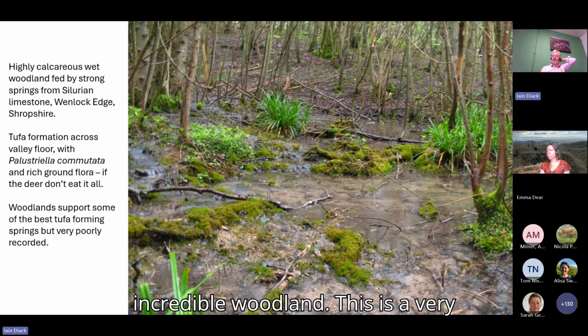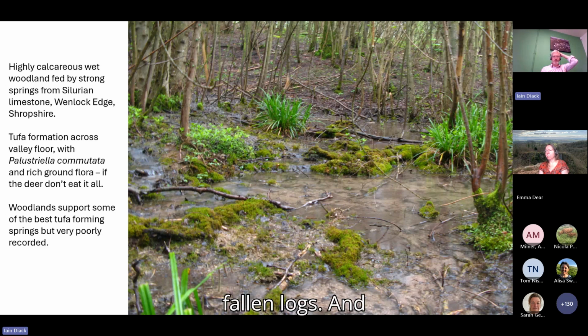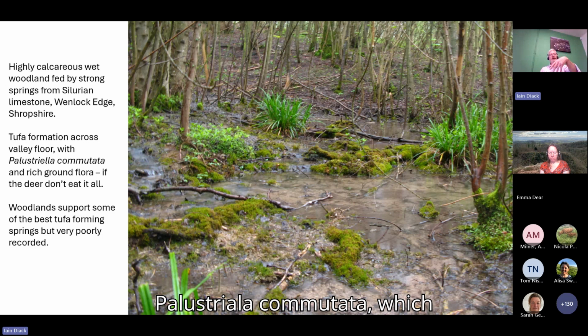It's an incredible woodland. This is a very broad flow of spring water coming down the slope. It's got tufa formation right across it. So there's tufa forming on little stones, tufa forming across fallen logs, and one of the interesting things about this is the presence of this moss, Palustriella commutata, which is very typical of tufa forming systems and strongly associated with tufa.